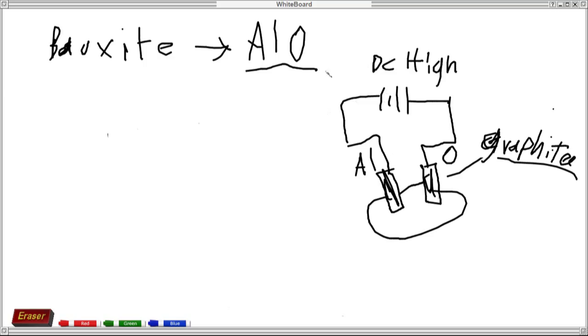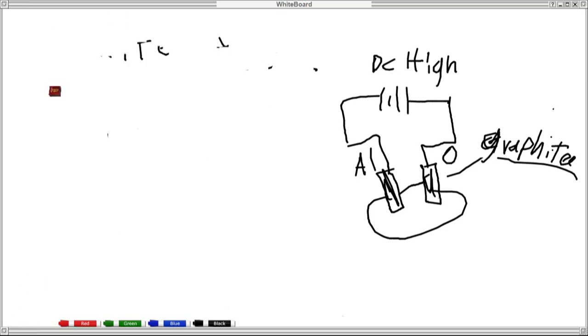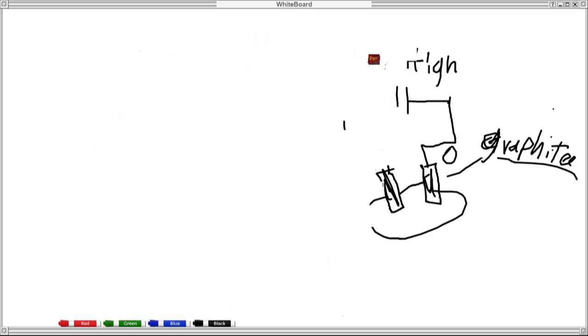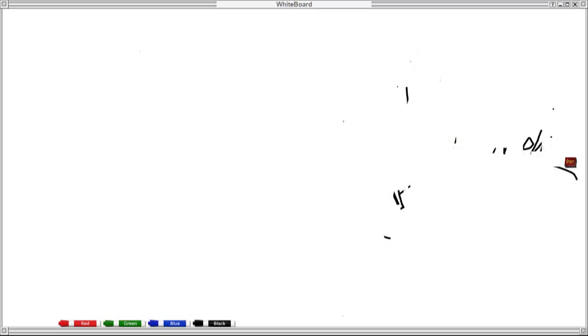That's pretty much what happens. There are a lot of other applications for electrolysis, but I guess this would be all for now in regard to this portion of electrochemistry.